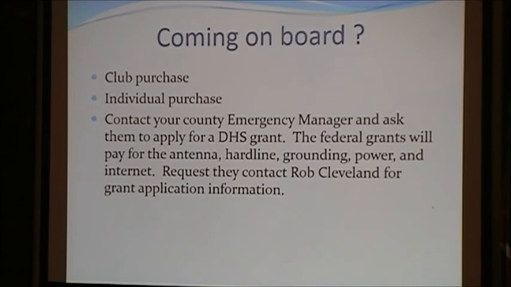Or, the preferred way is contact your emergency manager and ask them to apply for a Department of Homeland Security grant. The federal grants will pay for the antenna, the hard line, the grounding, the power. If the site charges you for power, they'll pay for that, and the internet. Some of our sites don't have internet, so we use a backhaul system built by Ubiquiti to go from here up to the mountaintop that doesn't have internet.